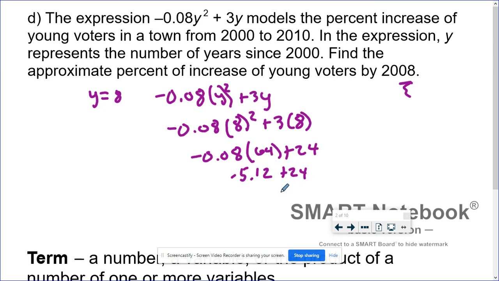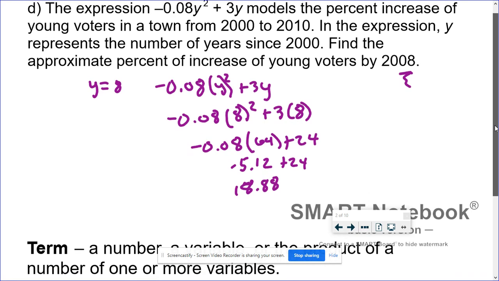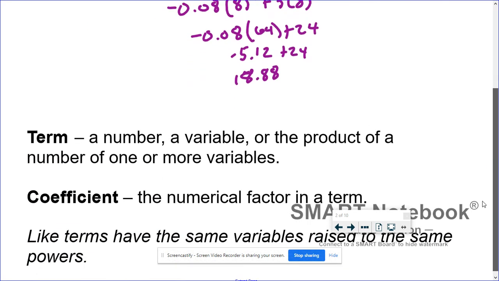And then when you add them together, you get 18.88. So that would be the percent increase by 2008 for young voters in that town.